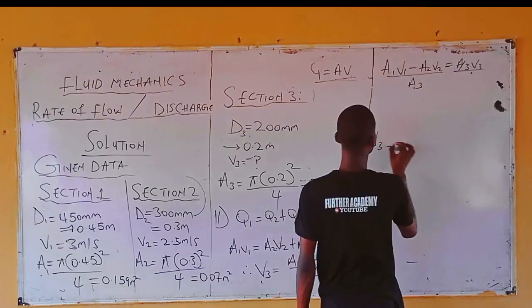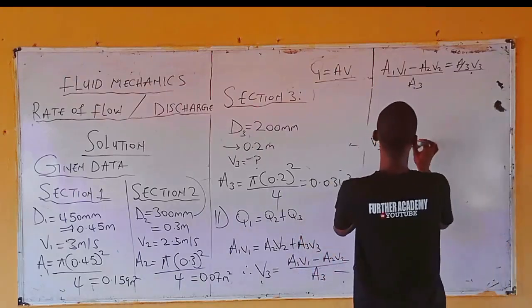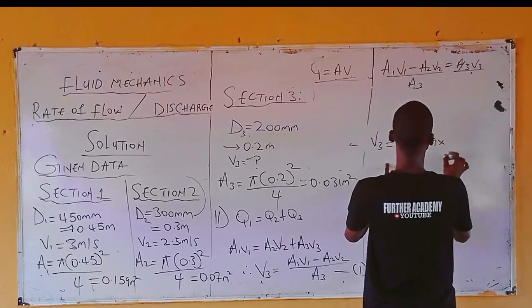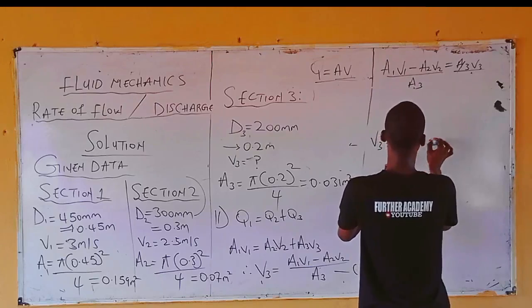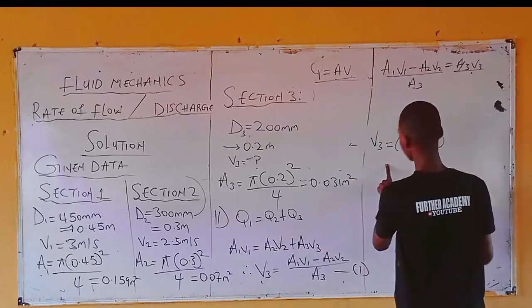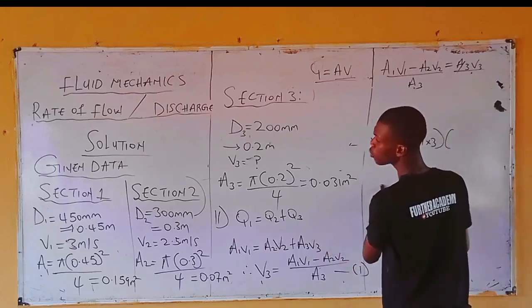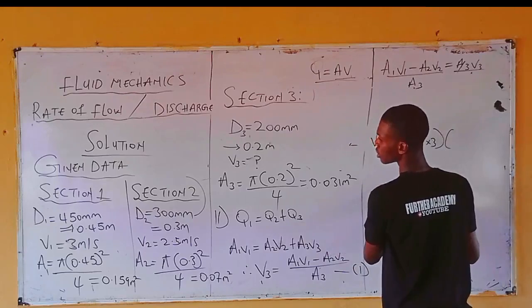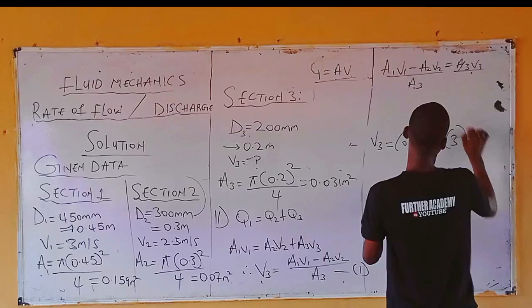V3 is equal to what? What's our A1? 0.159, multiplied by V1, which is 3, in brackets.